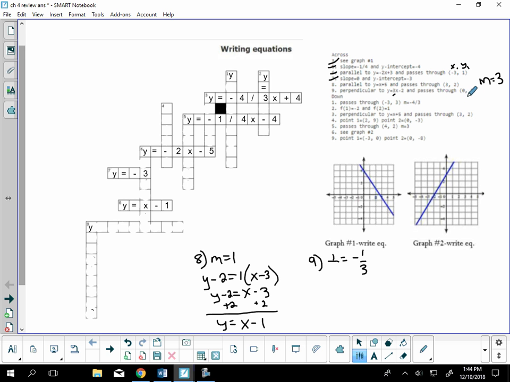This problem suddenly got easier because that first number is 0. That means my second number is my y-intercept. So that's going to save me a lot of work right there. If that first number is 0, your second number is your y-intercept. So b equals 2. Y equals -1/3 x plus 2.